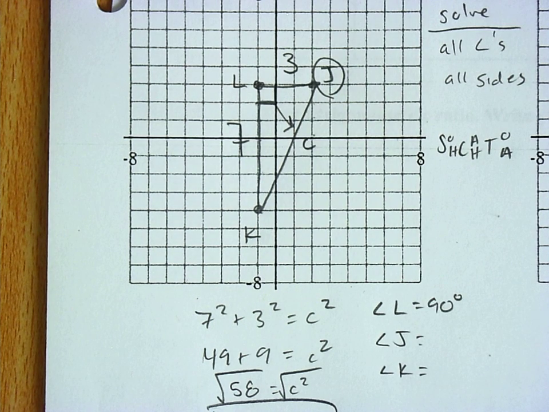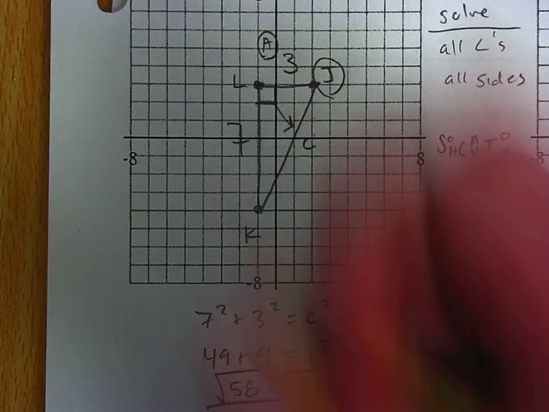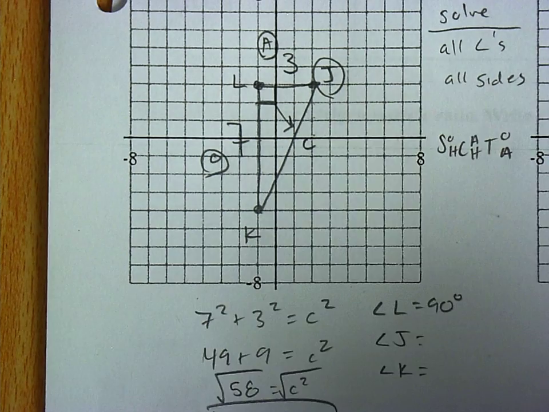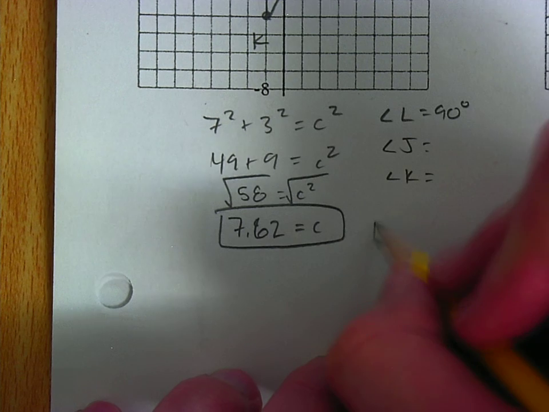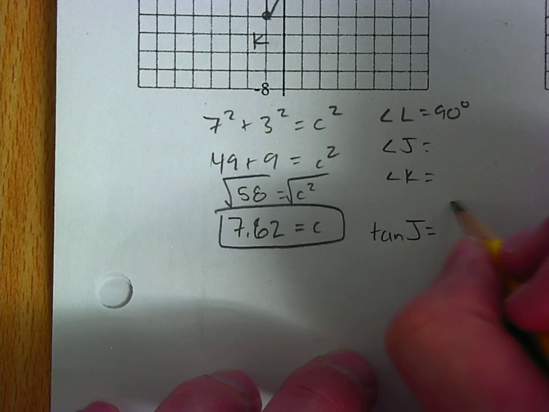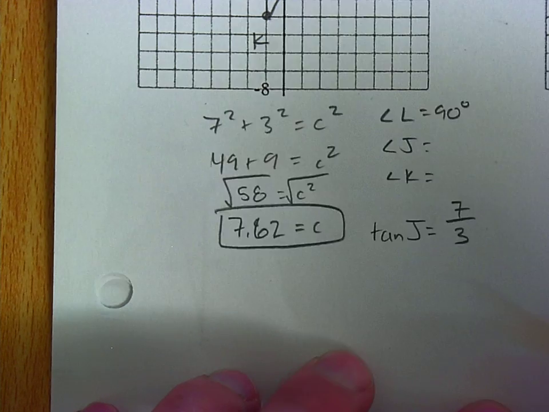So if we're looking at angle J, 3 is the adjacent and 7 is the opposite. So we have O and A. We're going to use TOA. So for angle J, the tangent of J is opposite over adjacent, 7 over 3.